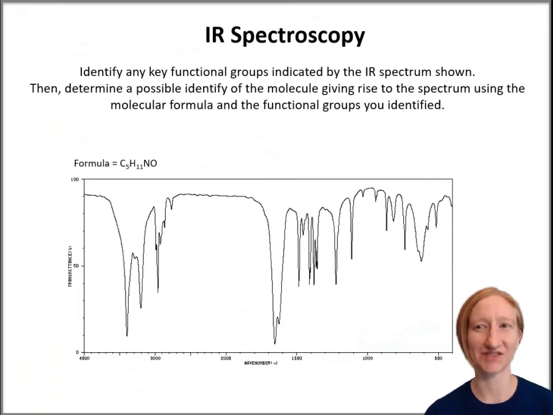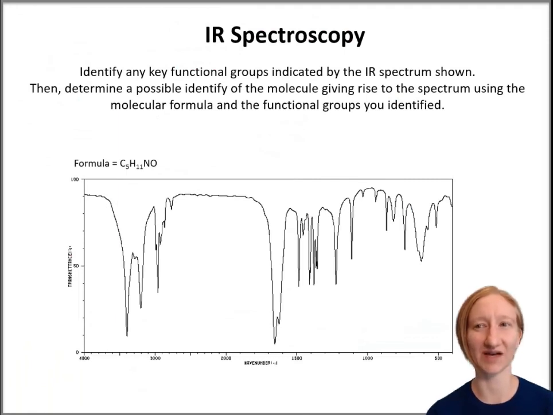Let's end this lecture series by answering the question posed at the beginning. Given the IR spectrum shown, identify any key functional groups and then determine a possible identity of the molecule using the molecular formula given and the functional groups you identified. Here we have two pieces to use, the formula and the IR spectrum.